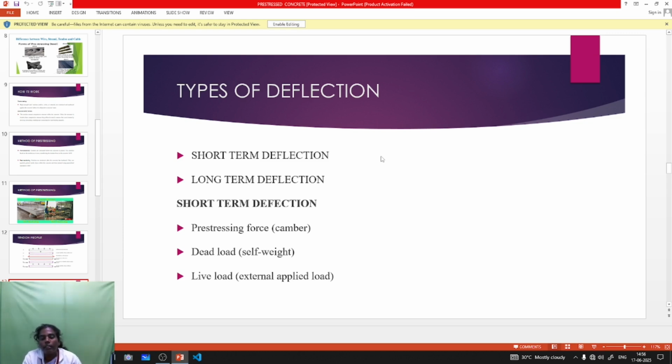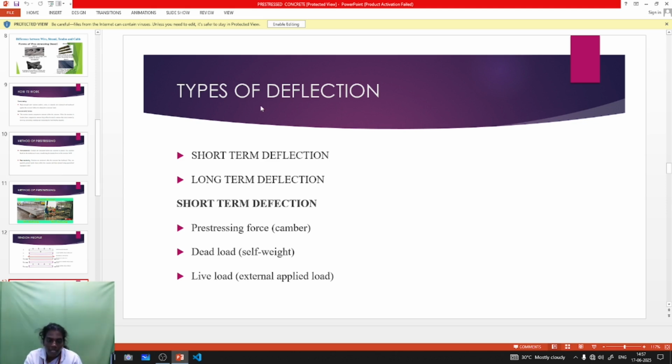Short term means the load is applied and the beam deflects after 1 minute or after 1 hour. Deflection within that short time is known as short term deflection. Long term deflection is the deflection of beam or slab members after 1 year or after a few months.